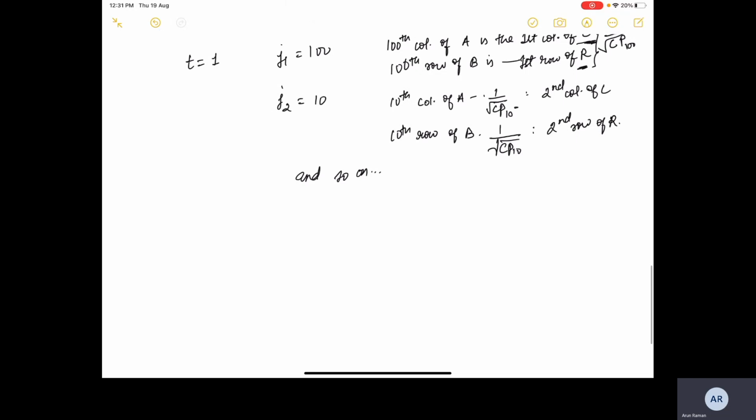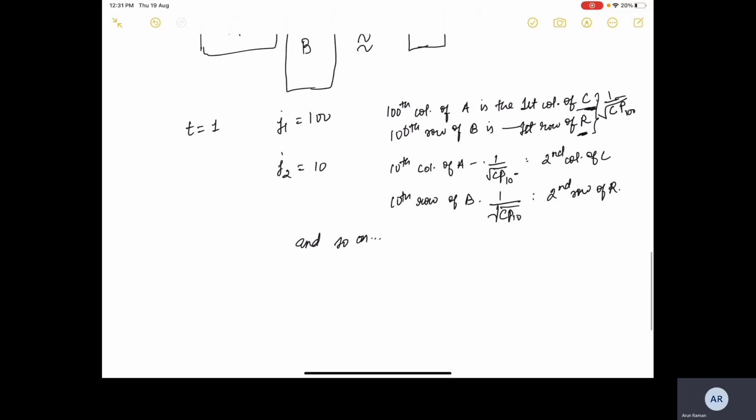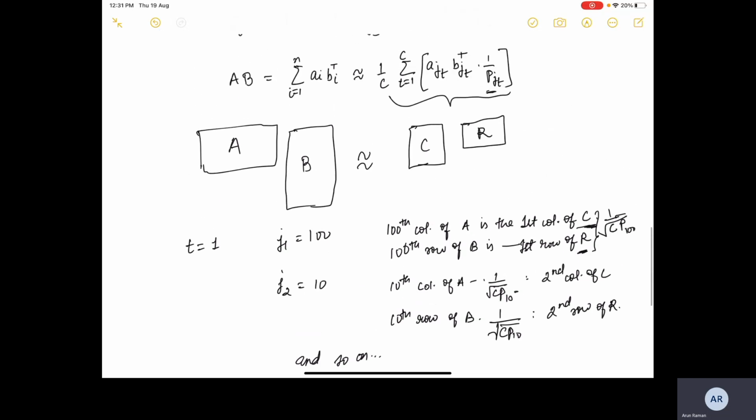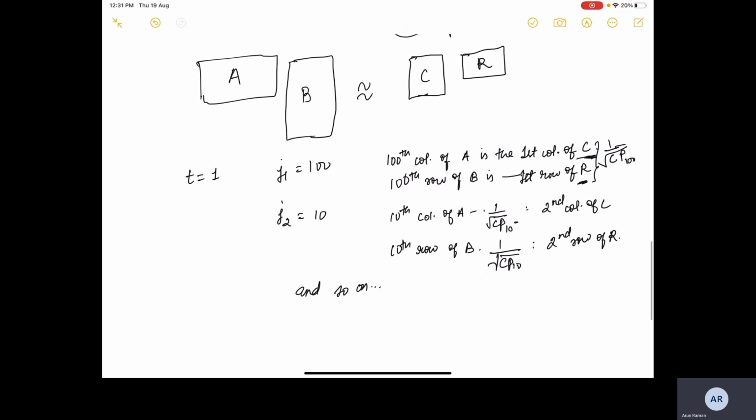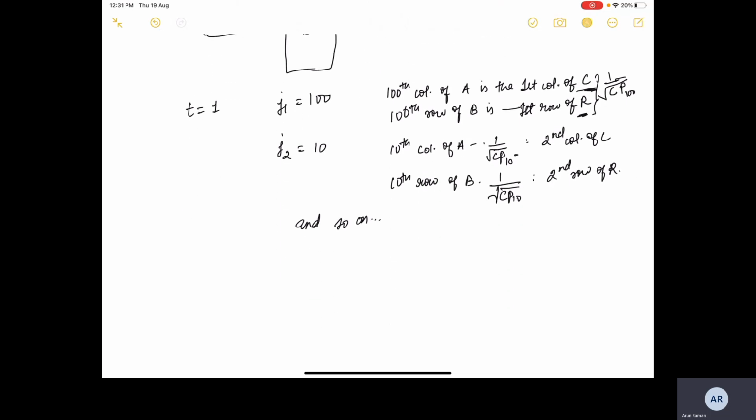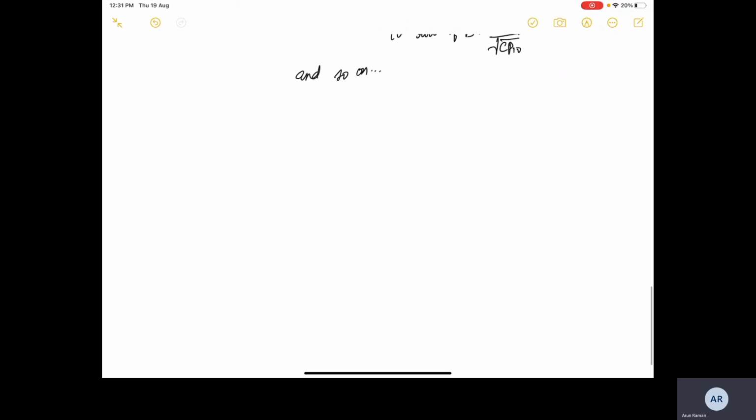But the idea of what is going on is the same: we multiply by 1 by root C P10, P100, so that eventually the end result has C PJT. So we have discussed the algorithm. Now we move to the next part, which is designing the sampling probabilities.